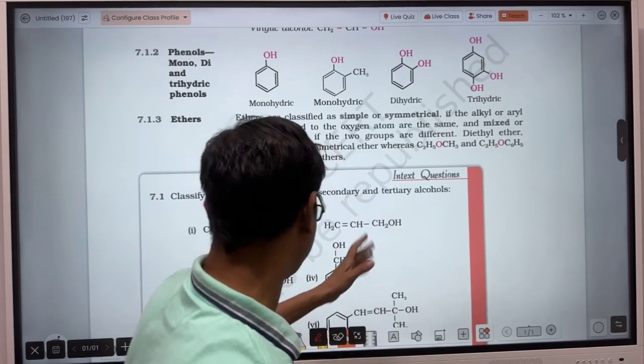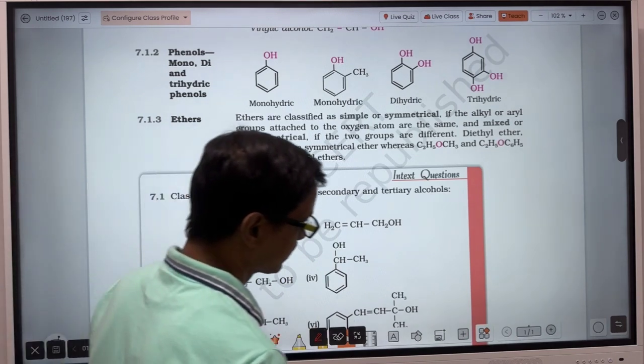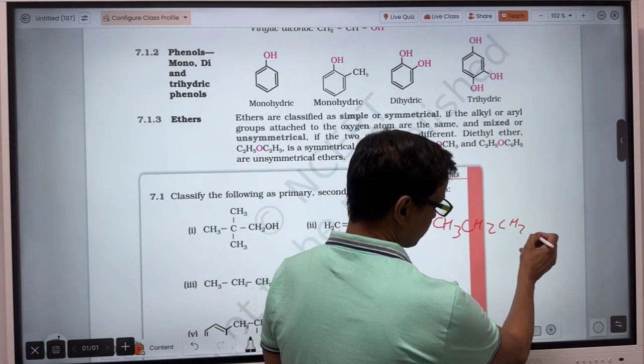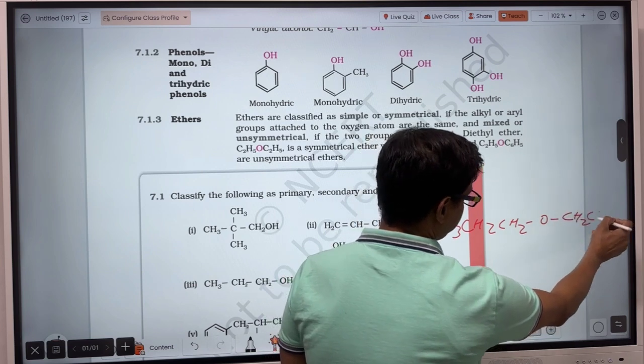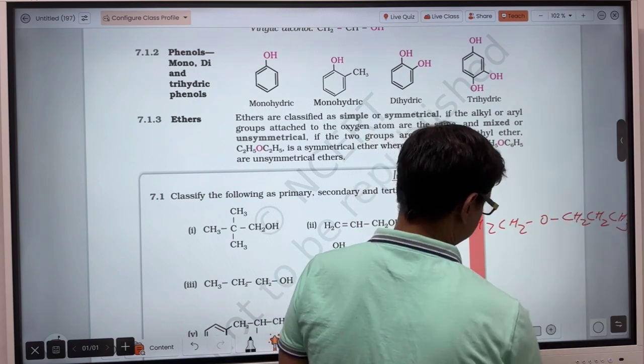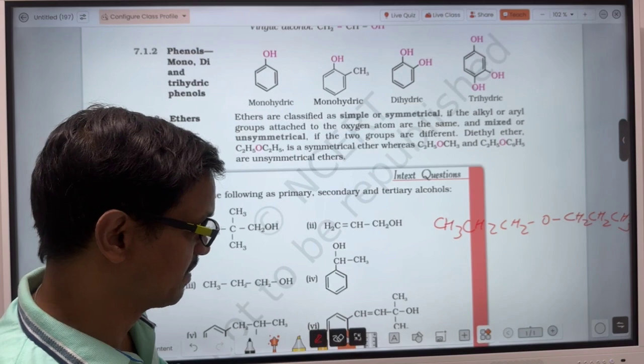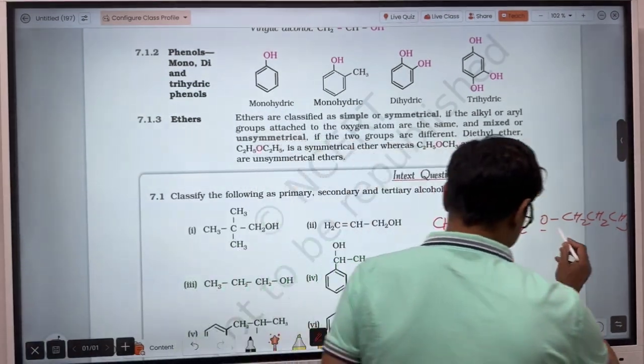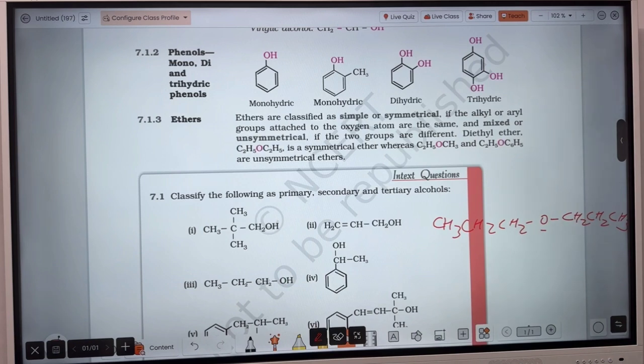So how is that symmetrical ether and unsymmetrical ether? If the alkyl groups bonded to the oxygen are of the same length, then that will be called simple ether or symmetrical ether. Like in this one, on this side the alkyl group is composed of 3 carbons, and here is also an alkyl group composed of 3 carbons.